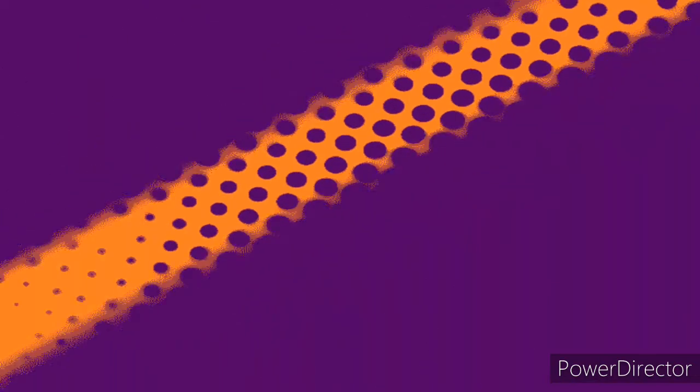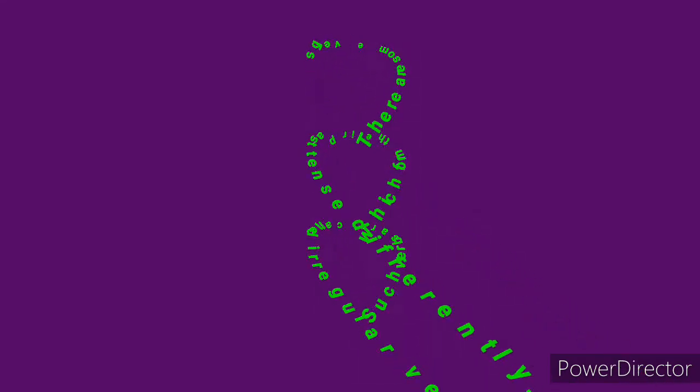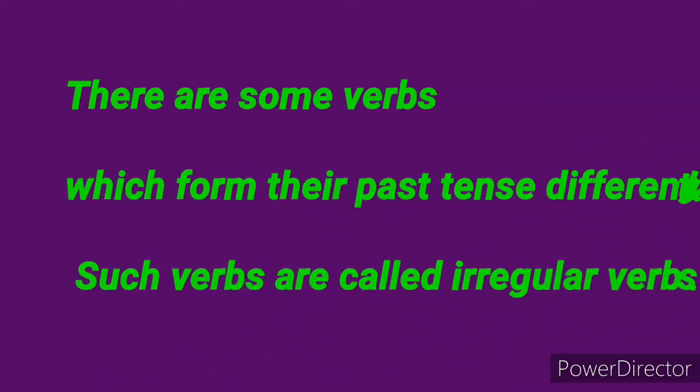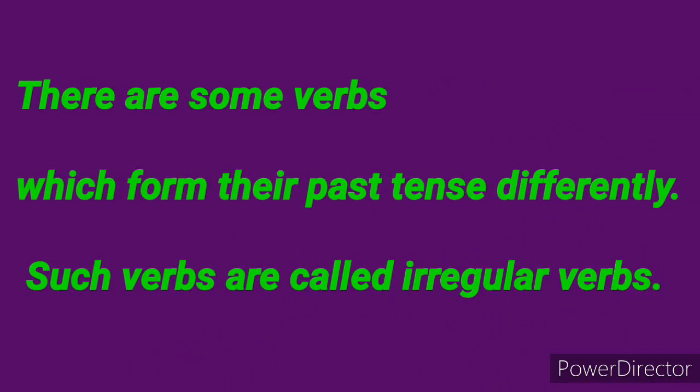Okay, students. Now we will see the last formation rule in simple past tense. There are some verbs which form their past tense differently. Such verbs are called irregular verbs. All irregular verbs have a unique simple past form.